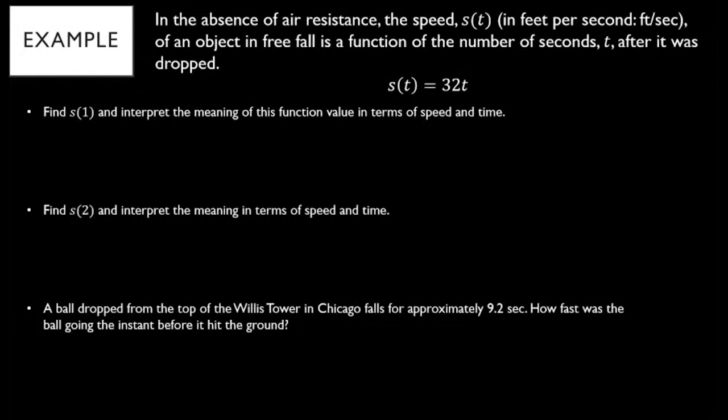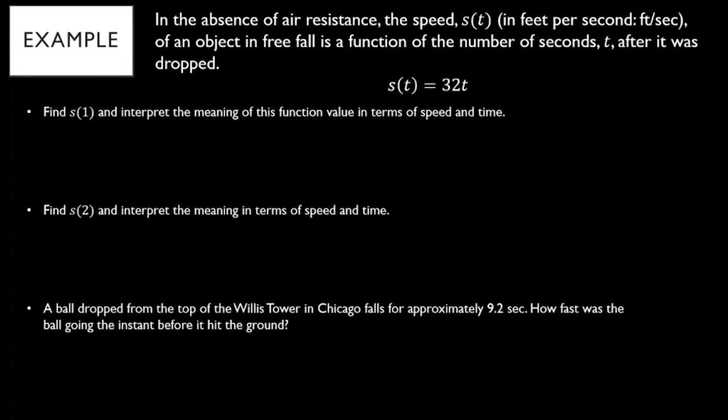So let's start with this example. In the absence of air resistance, the speed s of t in feet per second of an object in free fall is a function of the number of seconds t after it was dropped. They give us the equation s of t equals 32t. So s of t is the output.